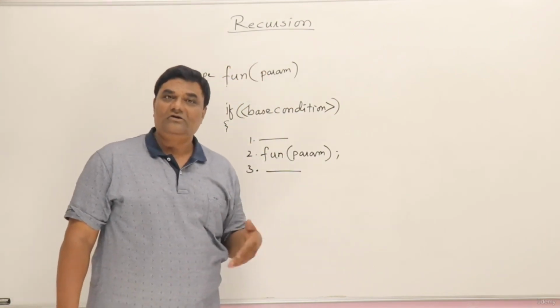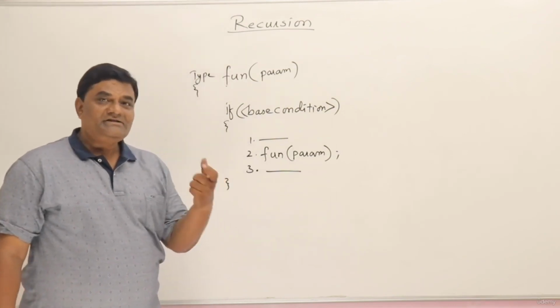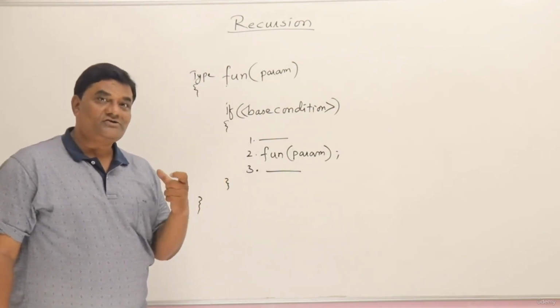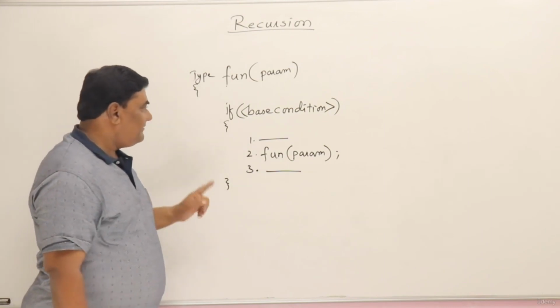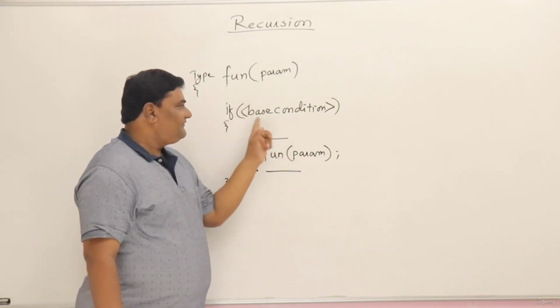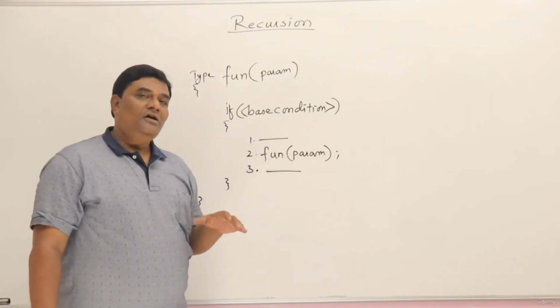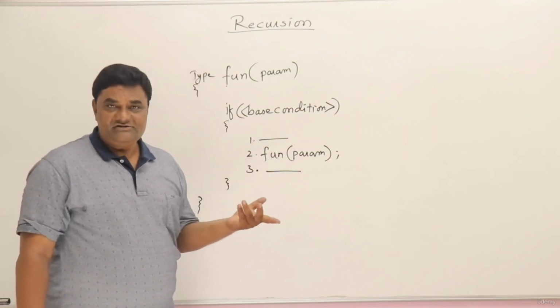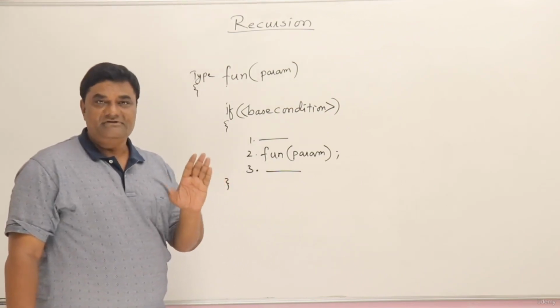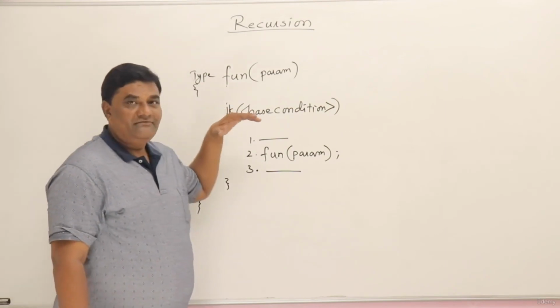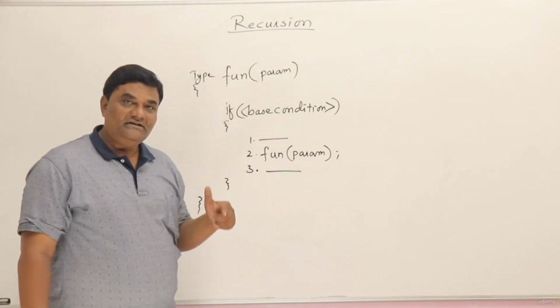So repeatedly it will be calling again and again. So there must be some condition at which it must stop. In this example, it will call itself if the condition is true. Whatever it is, at some point it must stop. So here if the condition becomes false, it will not call further and it stops.